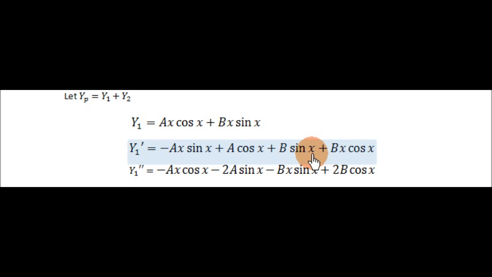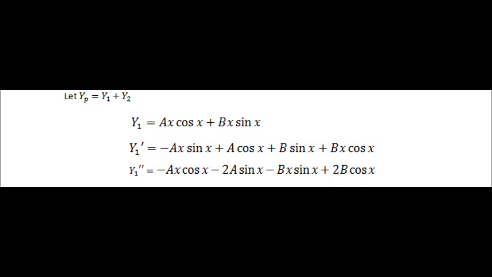So differentiating, y1 prime is equal to negative ax sine x plus a cosine of x plus b sine x plus bx cosine of x. So y1 double prime is equal to negative ax cosine of x minus 2a sine of x minus bx sine x plus 2b cosine x.